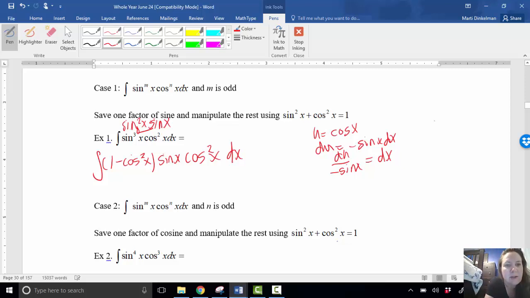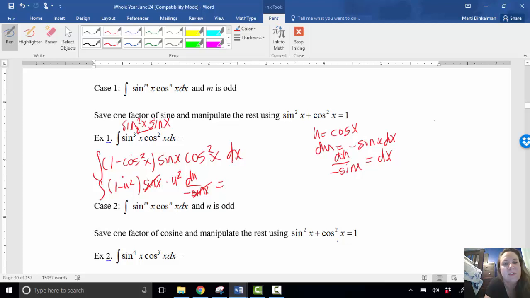All right, so this integral now becomes 1 minus u squared. The sine's hanging out. I know that's going to cancel here in a second. U squared, and the dx becomes du over negative sine. So those signs cancel, just don't let that negative get lost. So I think what we have, if we simplify a little bit, this is a negative.